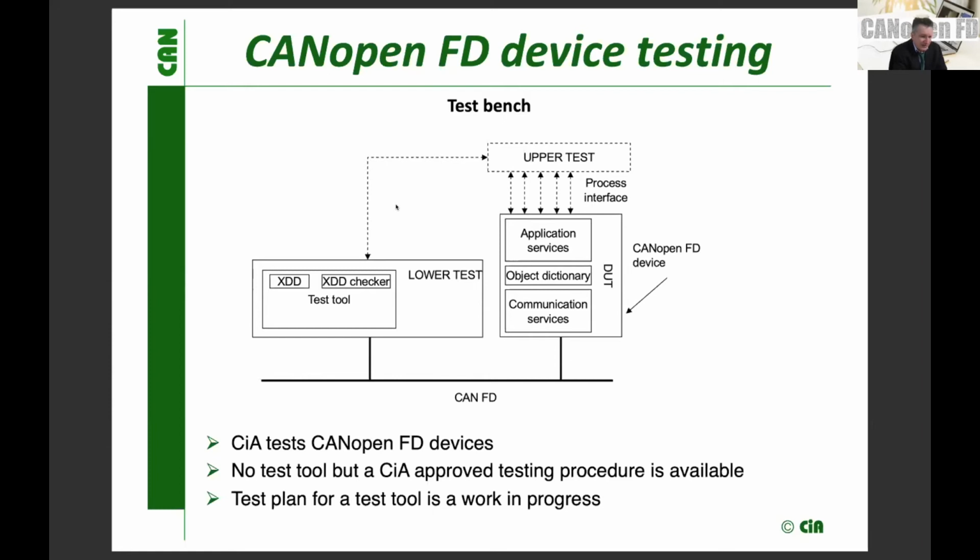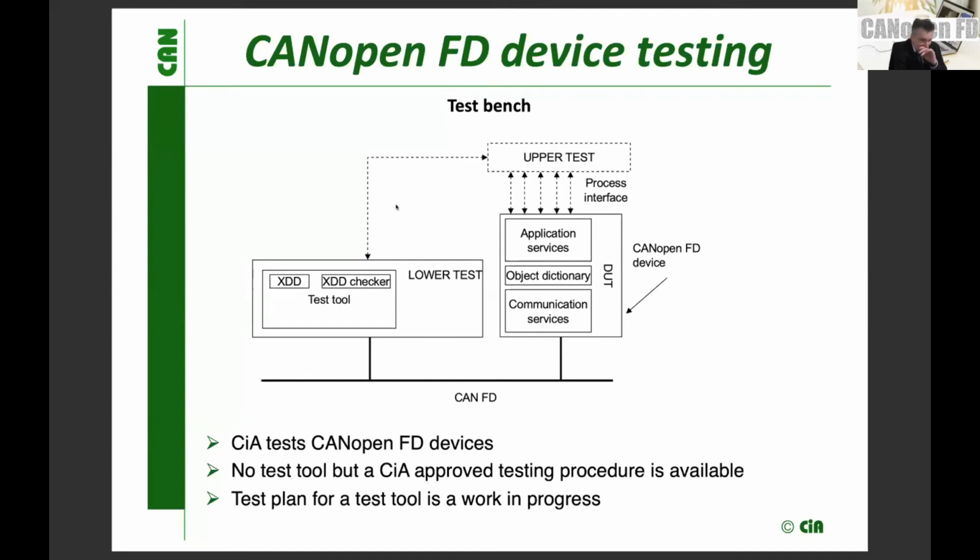and testing its response to certain reactions from a test tool, or maybe it is done manually, as in the case of CANopen FD. For the moment, we need the device description for this lower testing. We have it, and there is a need for testing of the device description as well.